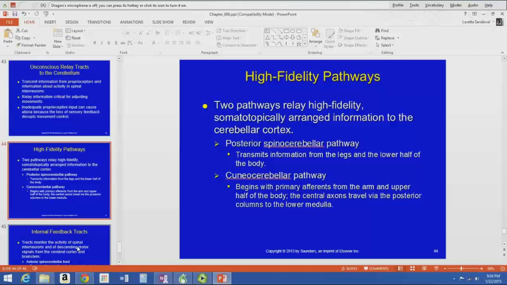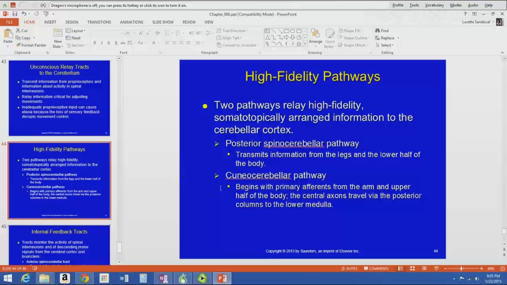For the cuneocerebellar, if you watched that spinal cord anatomy video, that little 4-minute video, right next to the dorsal column, there's that little area that's called the... Oh, I just had a brain fart. Sorry. It's called the cuneate area, right next to the dorsal column.